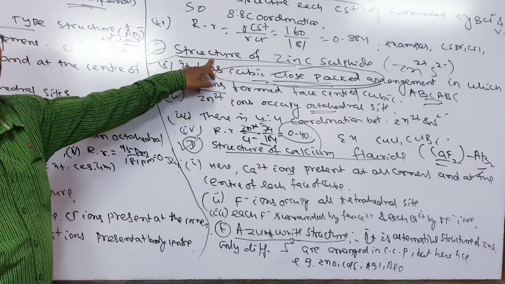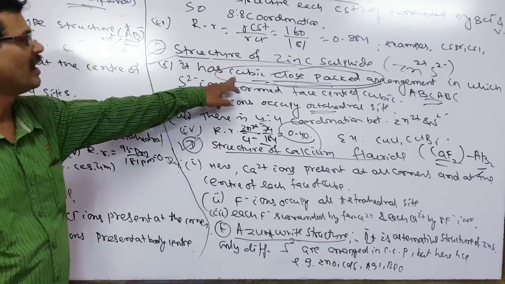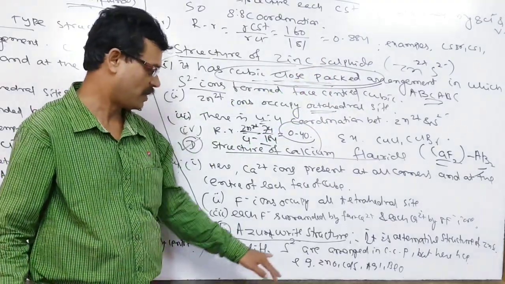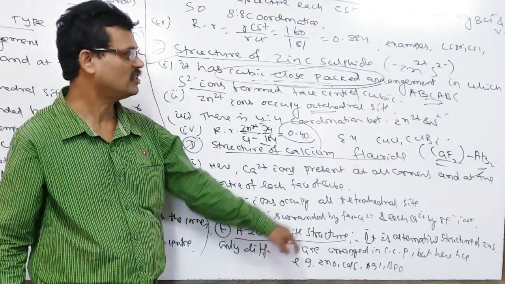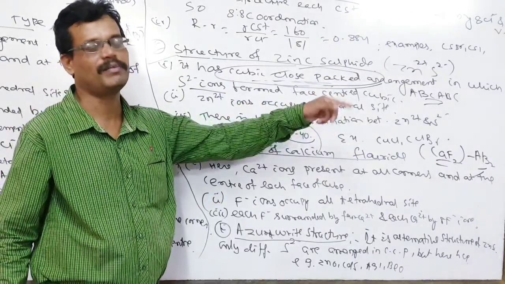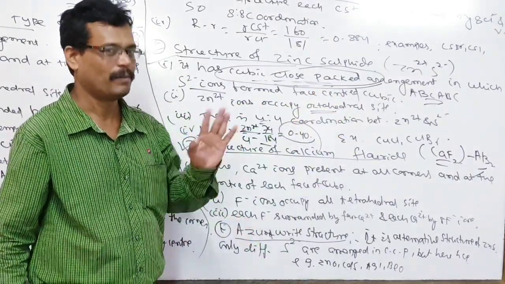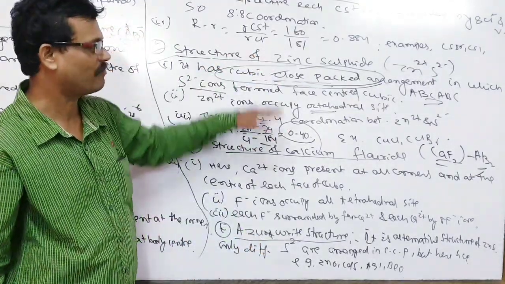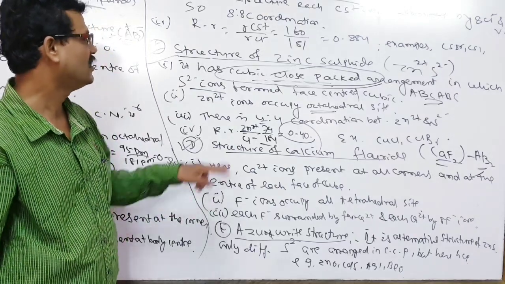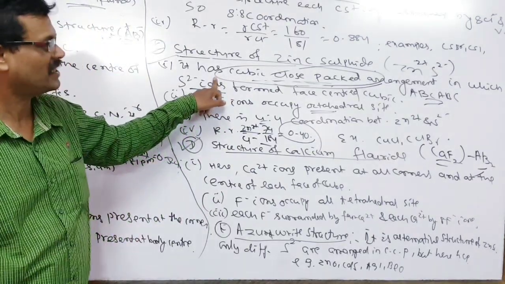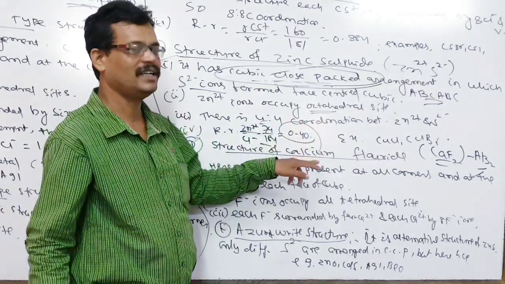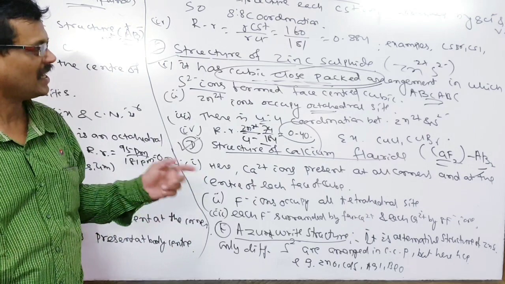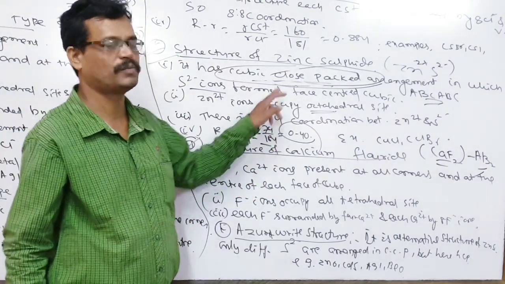So in the zinc sulfide structure, it is ABC type packing of sulfide ions, but in the wurtzite structure, ABC becomes AB. So the zinc sulfide and wurtzite structures are the same. The only difference is that the sulfide ion is in the ABC pattern, which is cubic close packing, versus AB, which is hexagonal close packing.